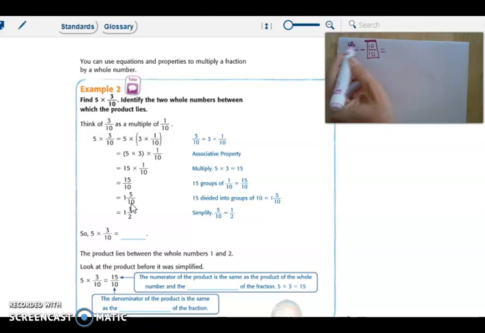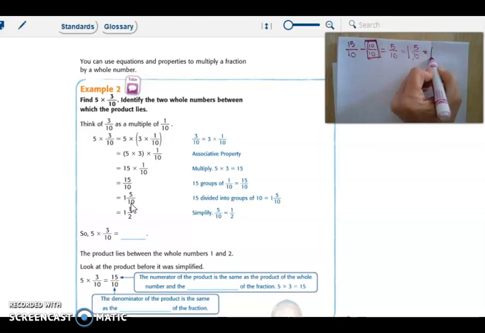So that's leaving me with 15 minus 10 is 5 tenths. So we've got 1 whole and 5 tenths. So that's 1 and 5 tenths. And you know that 5 is half of 10. So that equals 1 and 1/2, which is what they got down here, 1 and 1/2.